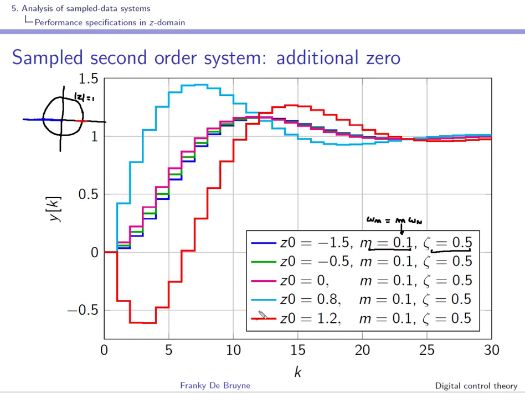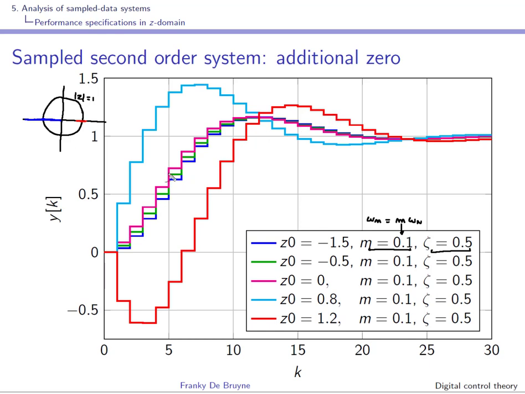You can see here in light blue a zero that is situated at 0.8, so it's a zero inside the unit circle, and as expected, you have a lot of influence on the overshoot, and here you have a zero that is outside the unit circle, and as we have seen, this will cause this inverse response, but it will also have an influence on the overshoot.